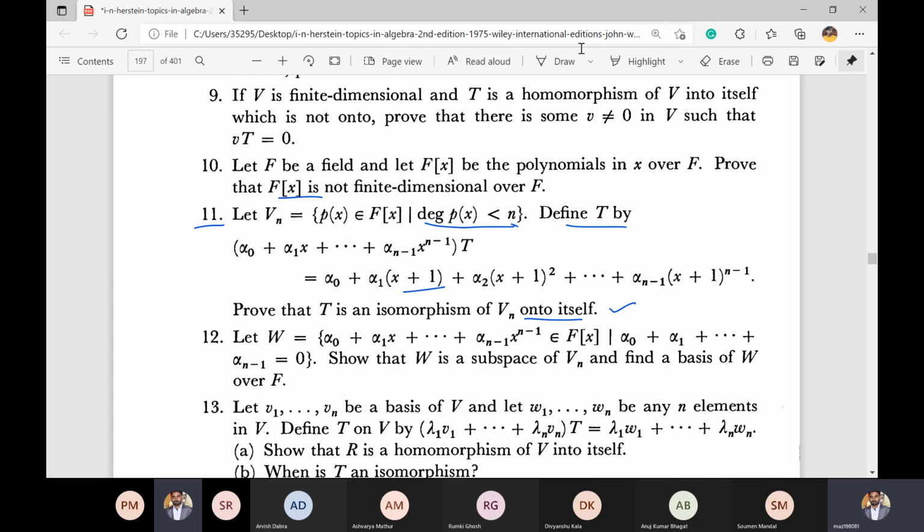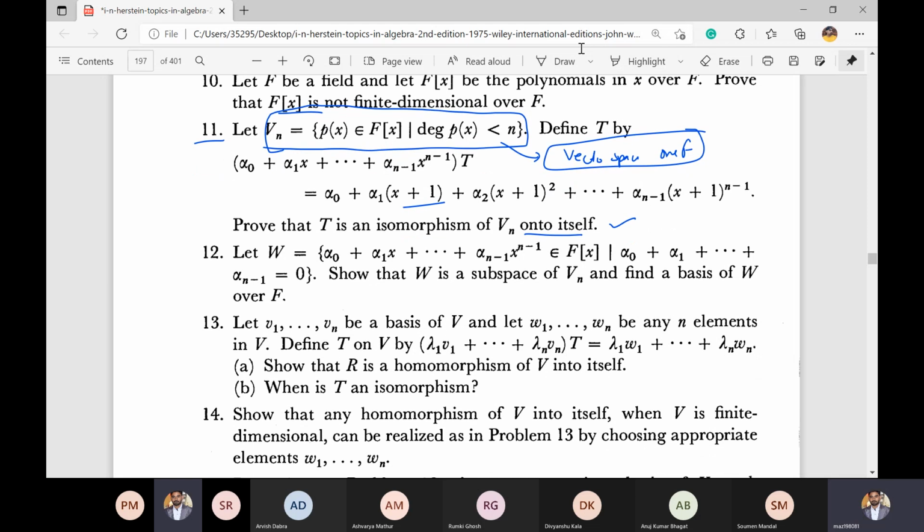You can just use one-one, onto, and that it is a linear transformation. And for those who are doing the linear algebra course for the first time, you prove that this forms a vector space over F. You have to prove this also.